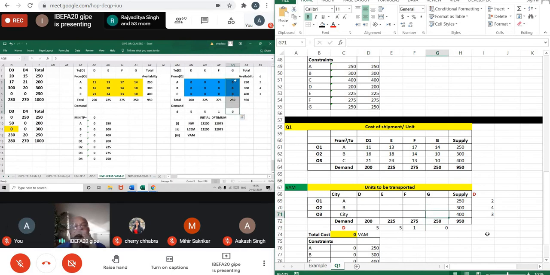In that direction, 10. Say for example I will choose this, 250. All my differences will change. I don't want the difference for G. The first still remains same, 11 and 13, 2. Here also 16 and 14, difference is 2.